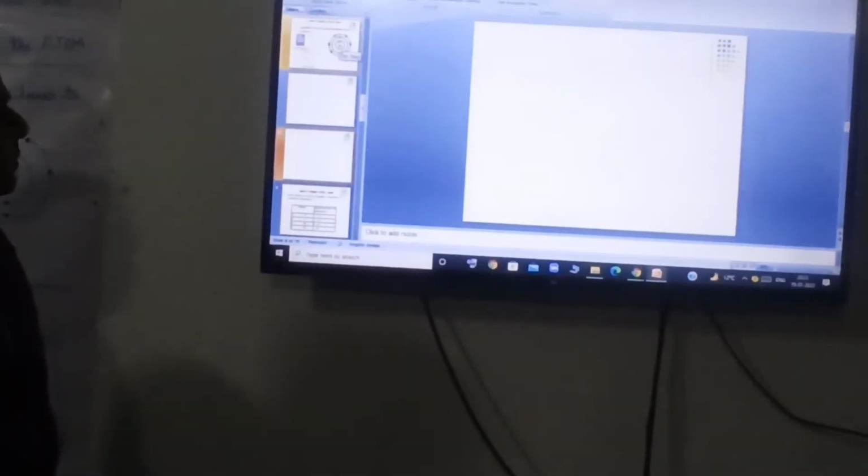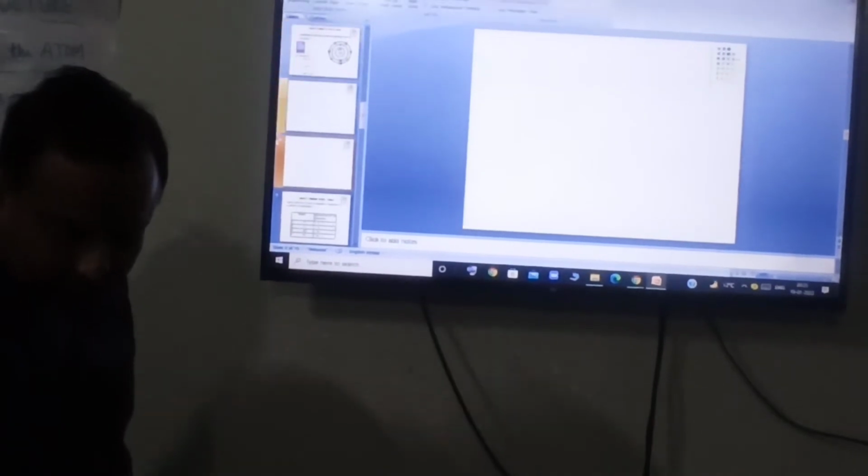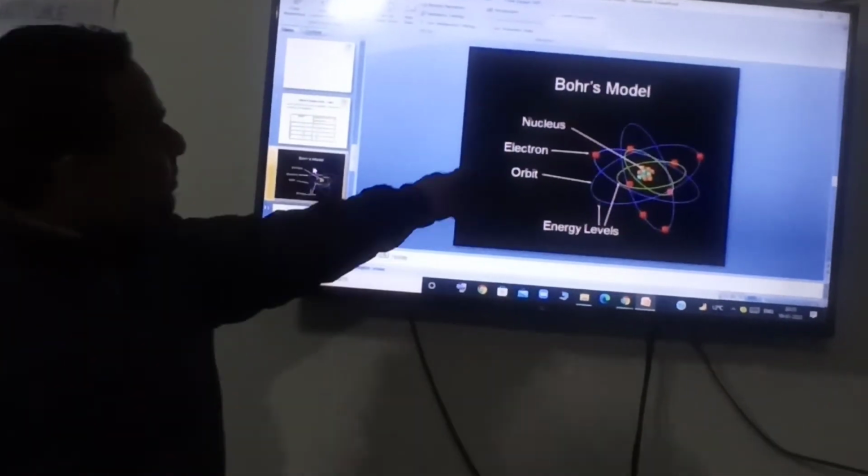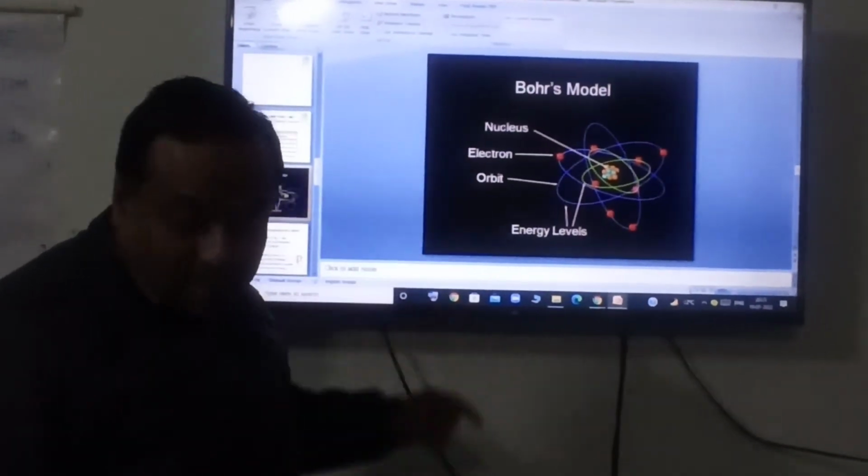Now if we move further, this is Bohr's model energy level.